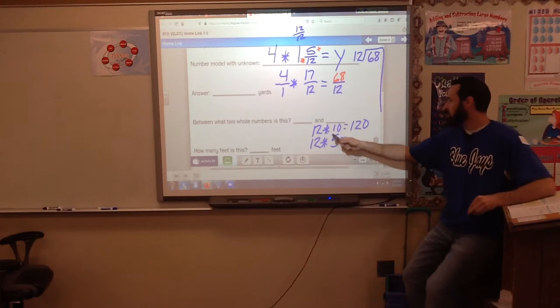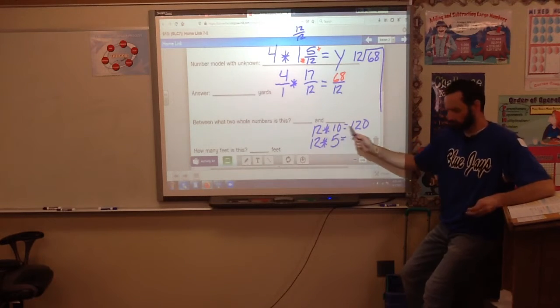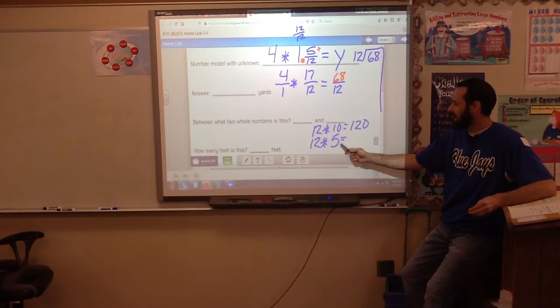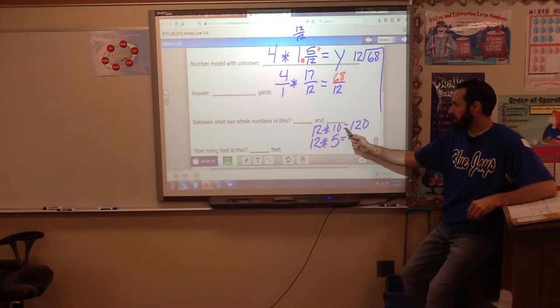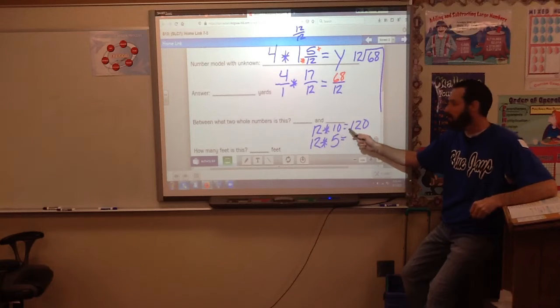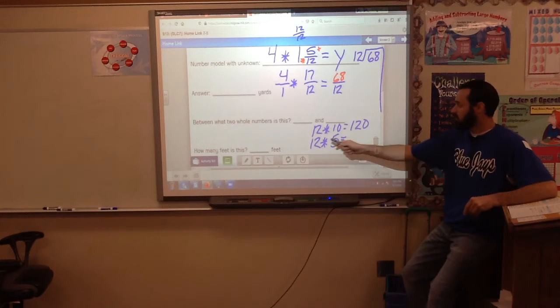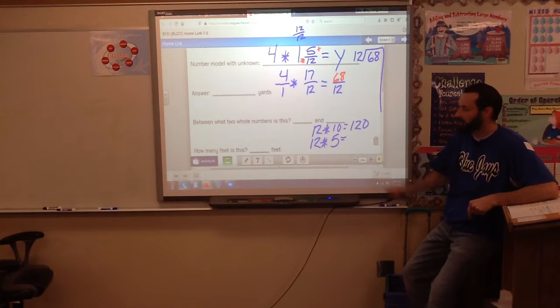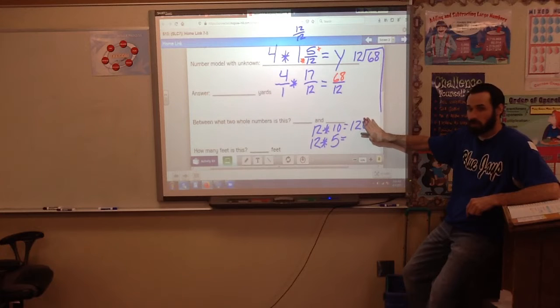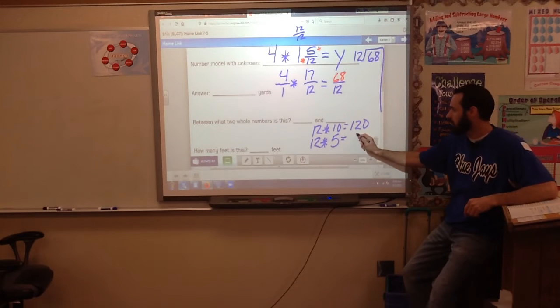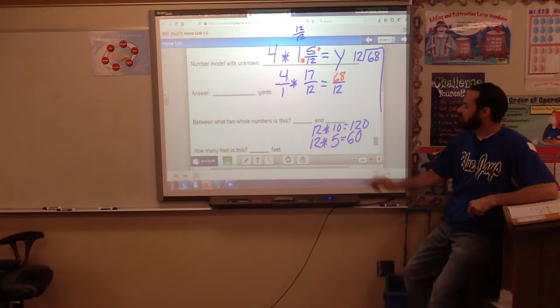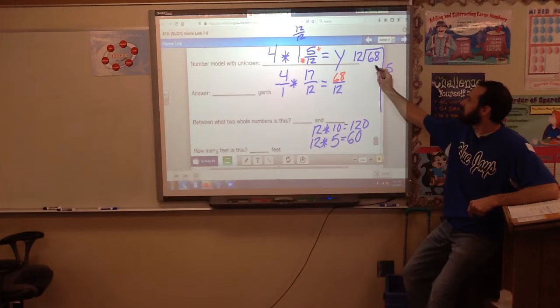If I have 10 12s, I have 120. And if I cut this number in half, then my answer is also going to get cut in half. So 12 times 5 is really just half of 120. Don't think of it as half of 120. What's half of 12? 6. Then add your 0. So 12 times 5 is 60.